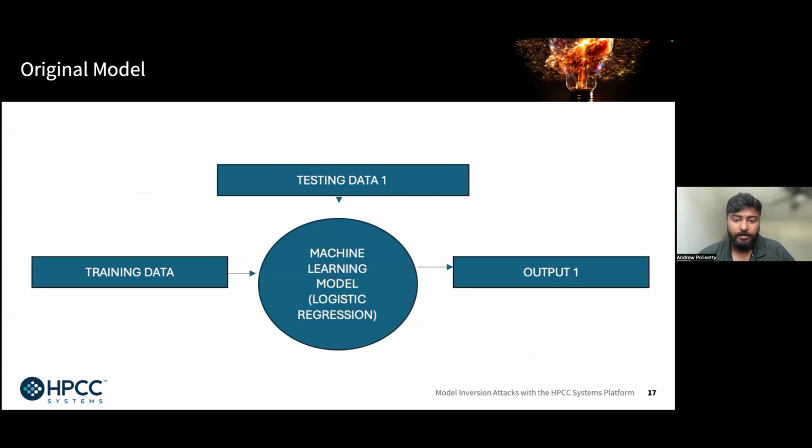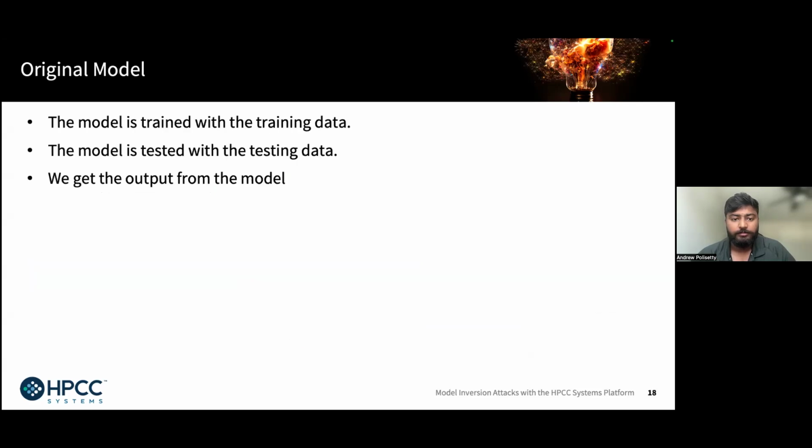This is the flowchart for the original model. First, we train the model by giving the training data and test the model with the testing data, from which we get the predictions, that is the output. But for the attack model, this is the flow.